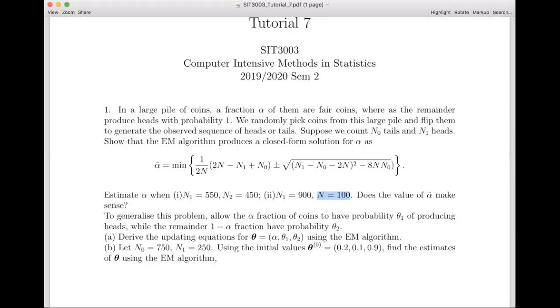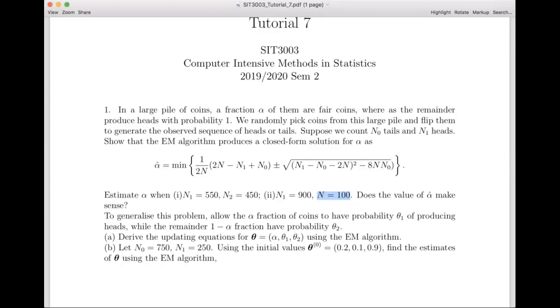So let's say roughly 200 tosses from the fair coin. So you have roughly about 100 tails. So this is close to 20%, whereas this one is close to 100%, okay, for alpha. Okay, so here when it says, does the value of alpha make sense? This one you can verbally explain it, right? Based on the intuition that I mentioned just now, right? Okay, that's good.